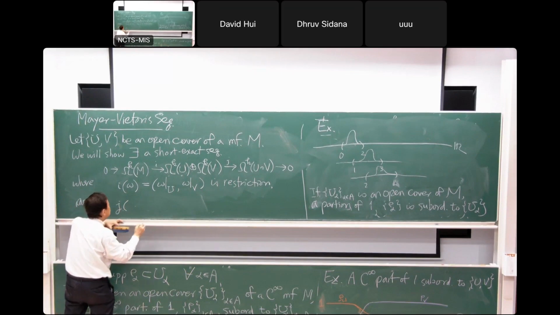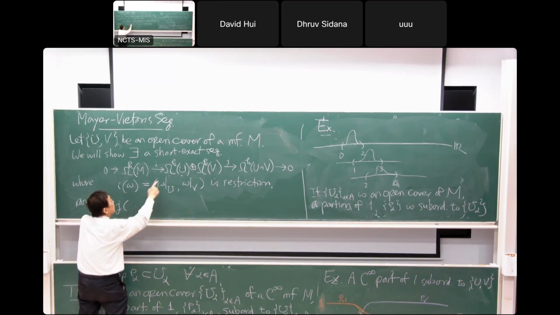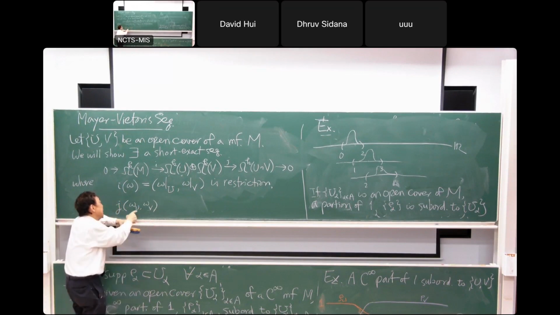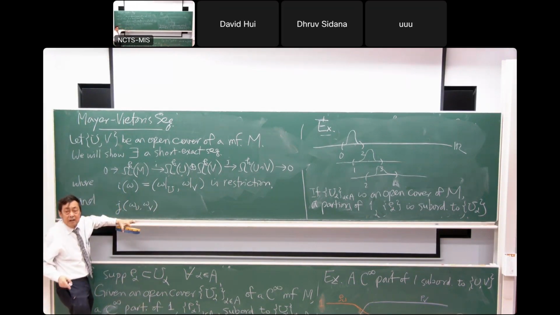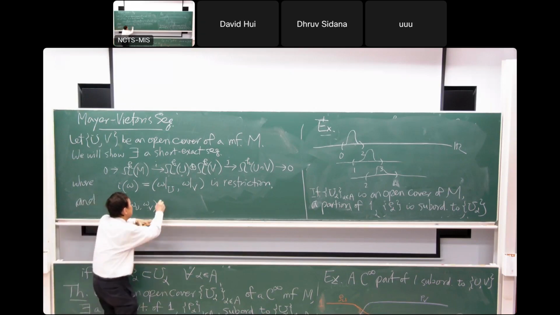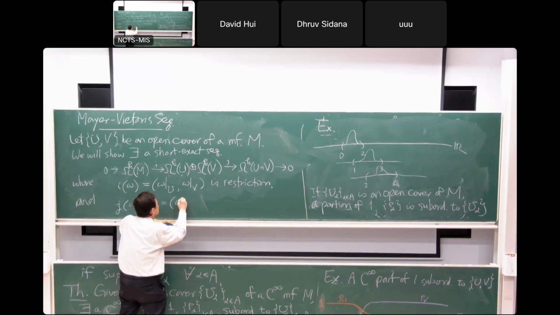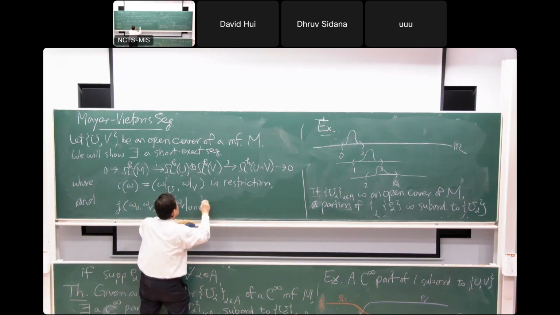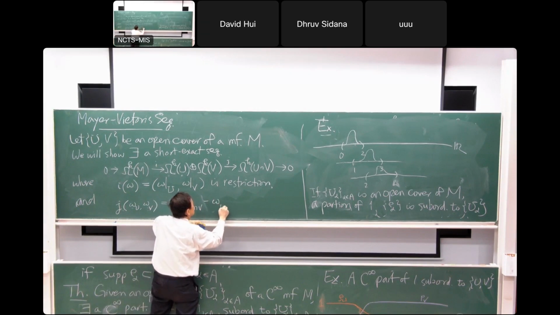J of, let's say you have an omega on U and an omega on V. Now there's no bar, so these are not restrictions of anything. It's just a form on U and a form on V. You take the form on V, restrict it to the intersection, and then subtract the form on U restricted to the intersection.